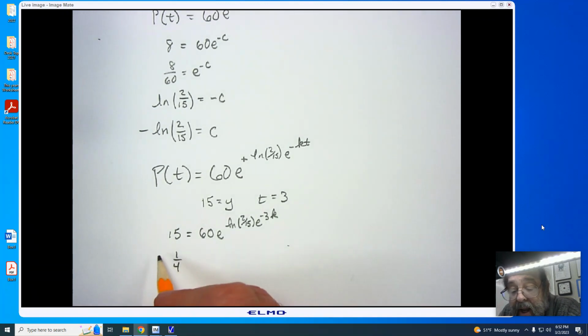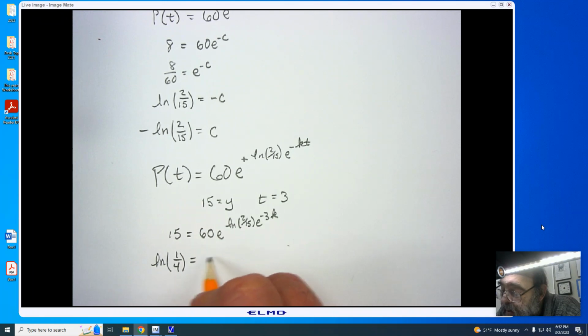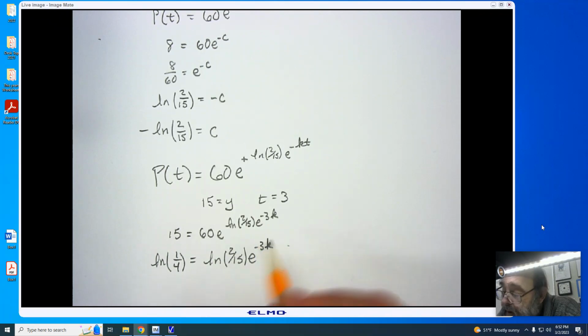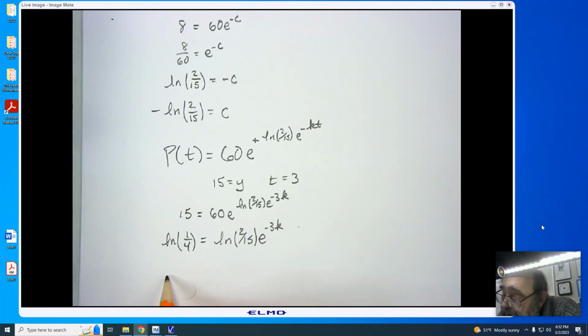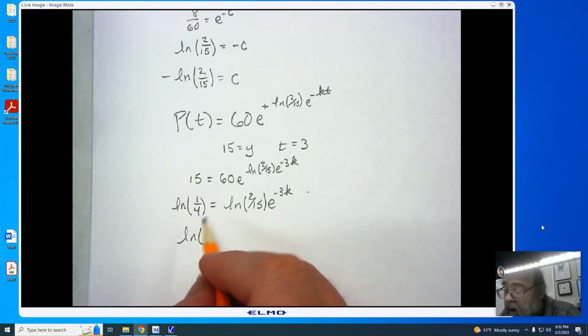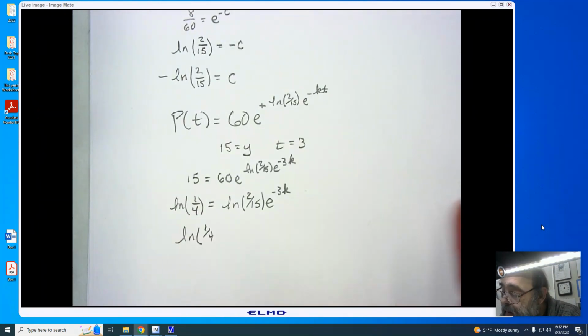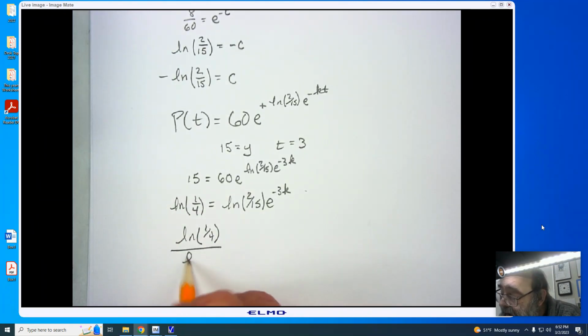I'm going to take my natural log on both sides, and I get the natural log of 1/4 is then going to equal the natural log of 2/15 e to the negative 3k. Now I'm going to divide first so that I have the natural log of 1/4 divided by the natural log of 2/15.